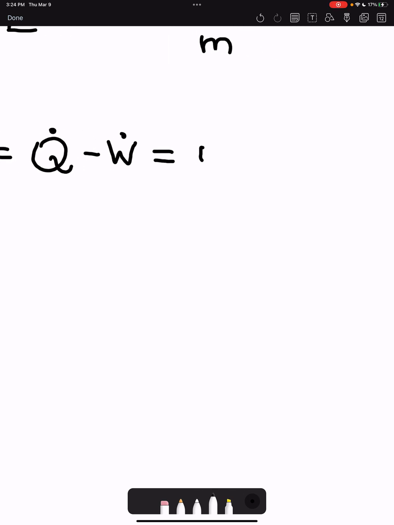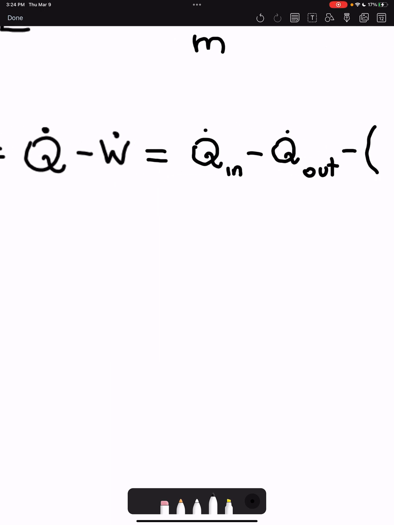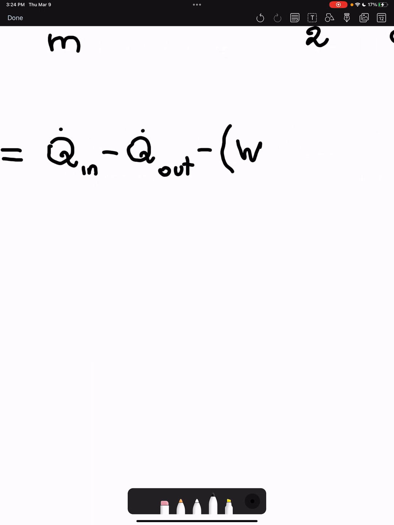So you write this as Q dot in minus Q dot out, and then you have minus, open parenthesis, W dot out minus W dot in.